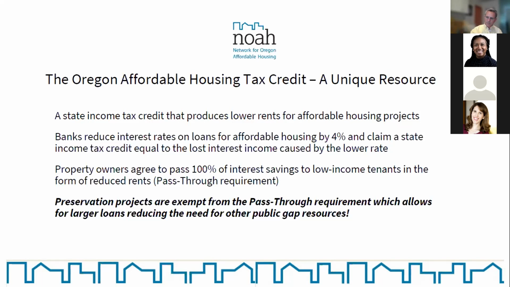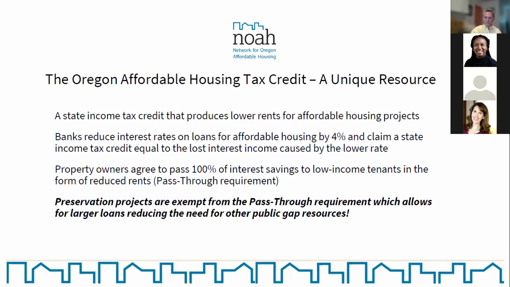Generally, that program requires that all of the savings from that reduced interest rate flow through to the project in the form of lower rents. And so it's very effective for lowering the rents in affordable housing projects.